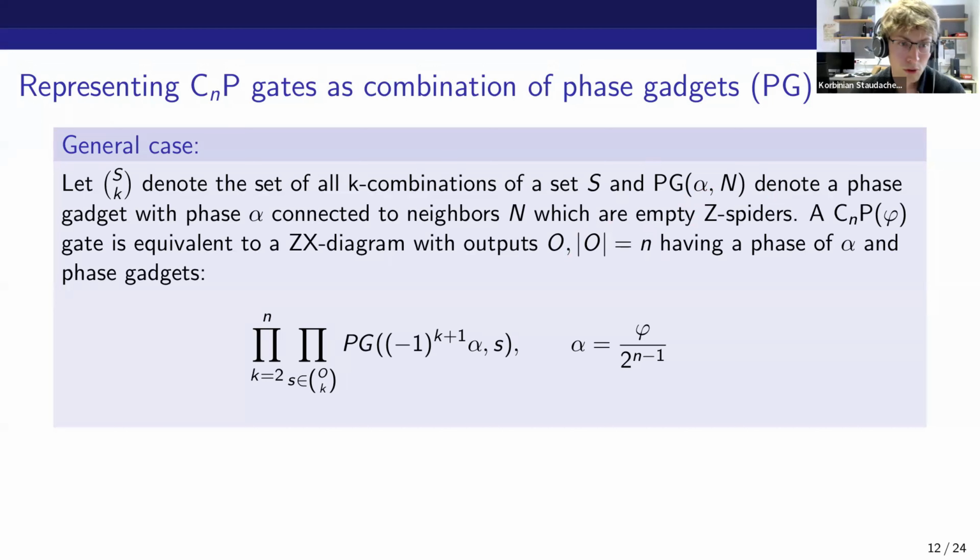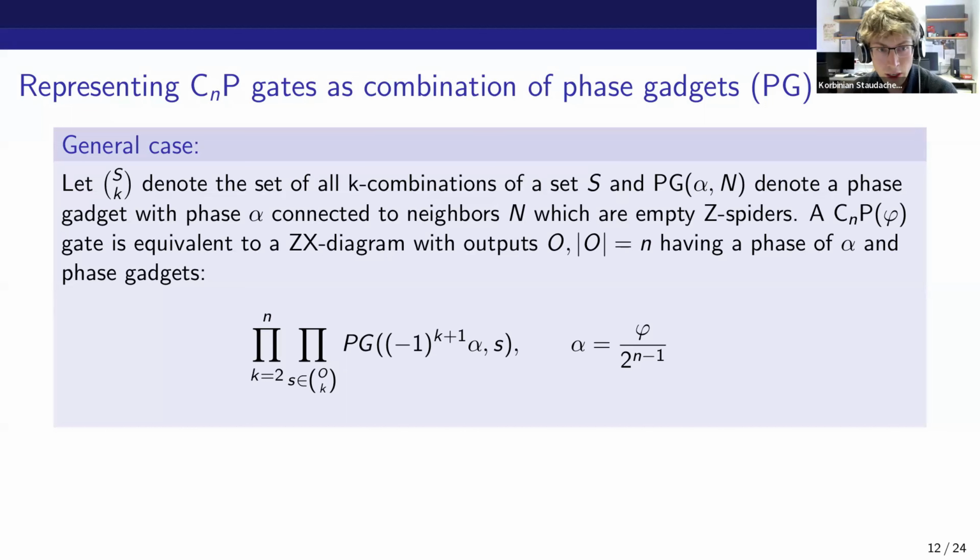If we go from 2 to n, and at each time have phase gadgets of degree 2, connect them to all possible combinations of the outputs, having phase gadgets of degree 3, connect them to all possible combinations, and so on. So we really go to exponentially many combinations over the outputs with those degrees.